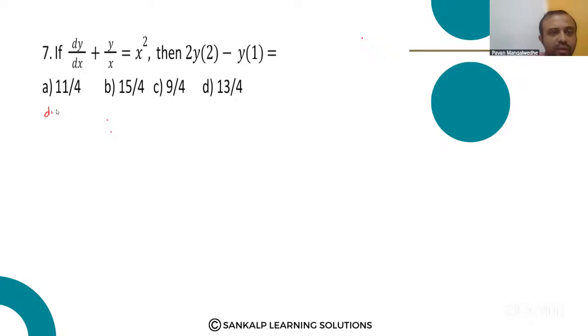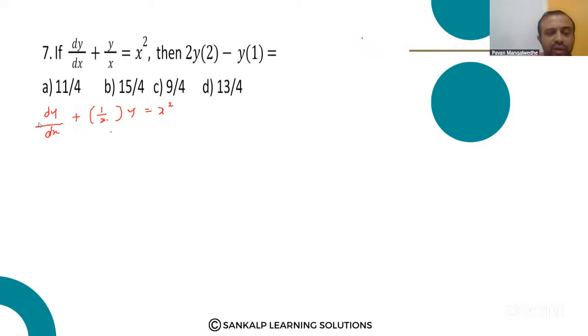It is dy by dx plus 1 by x of y. It means I separated the y by splitting the term, that is 1 by x into y, that is y by x, which equals x square.